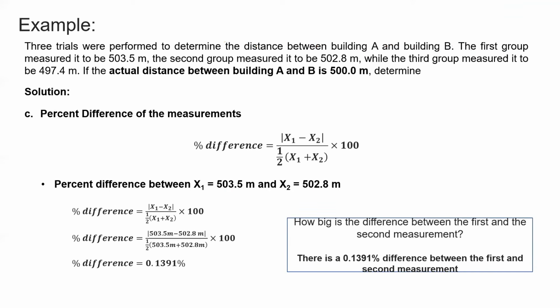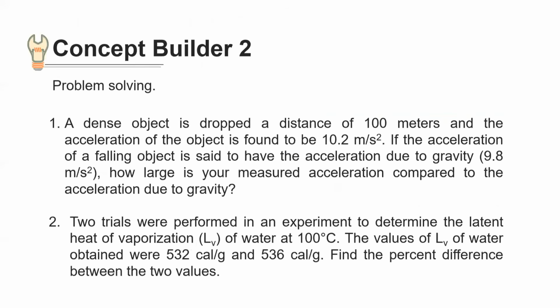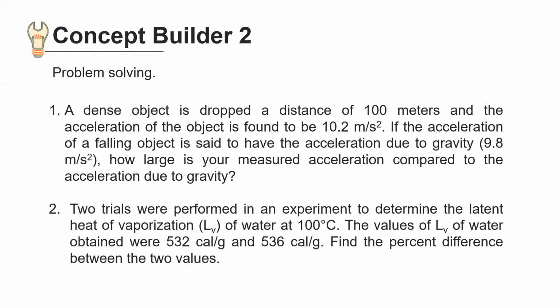So let us have a concept builder. You may pause this video and then resume watching after you submitted your answers in the given Padlet link. So problem number 1. A dense object is dropped a distance of 100 meters and the acceleration of the object is found to be 10.2 meters per second squared.